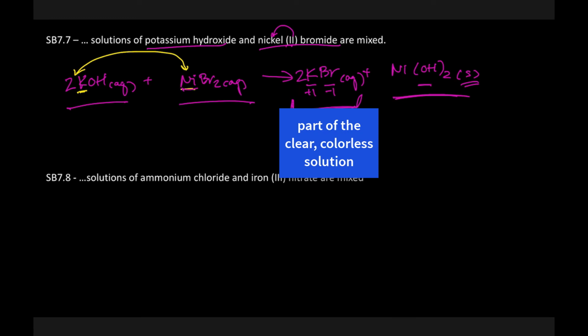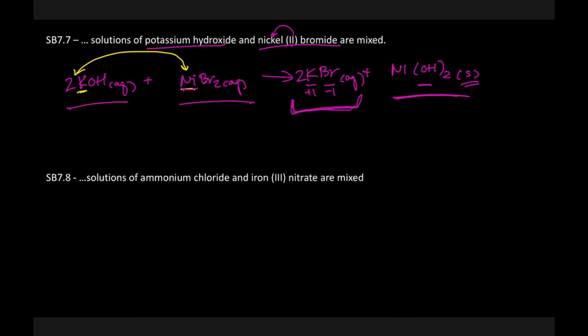All right, next reaction. It says we have solutions of ammonium chloride, aqueous, and iron(III) nitrate, Fe(NO3)3, aqueous, are mixed. So again, taking it back one step, we have 2 ionic compounds.